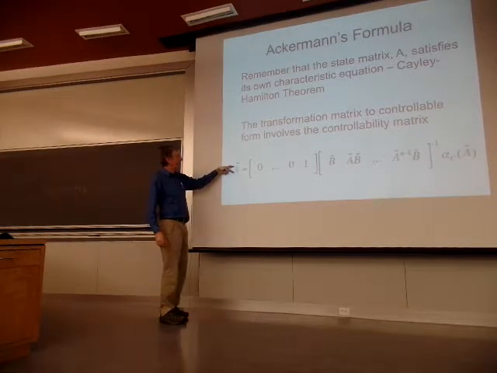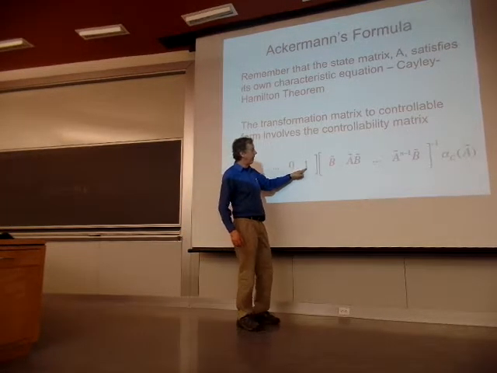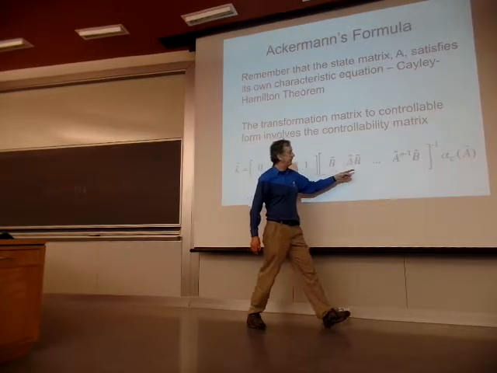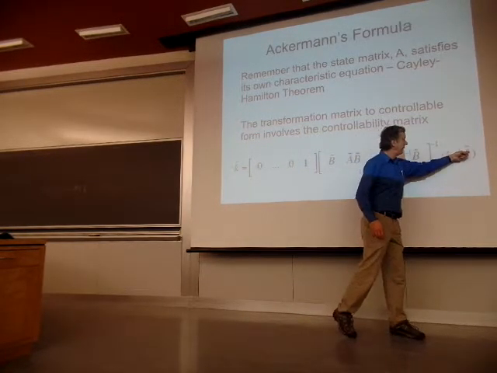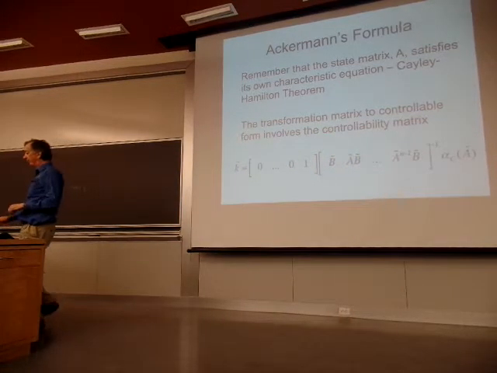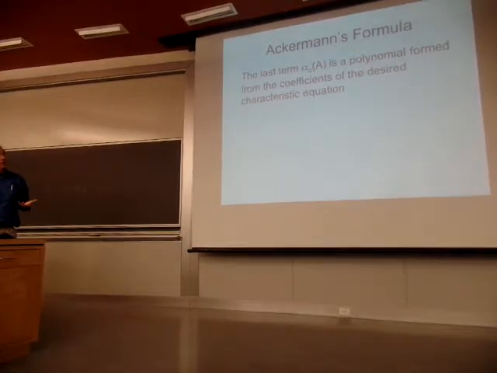It says find the gains. It's basically a matrix with all zeros except for a 1. What's this? This controllability matrix, inverted. And then to see what this alpha matrix is, really, it gets to be fairly simple. The last term is the polynomial form, the coefficients of the desired characteristic equation.